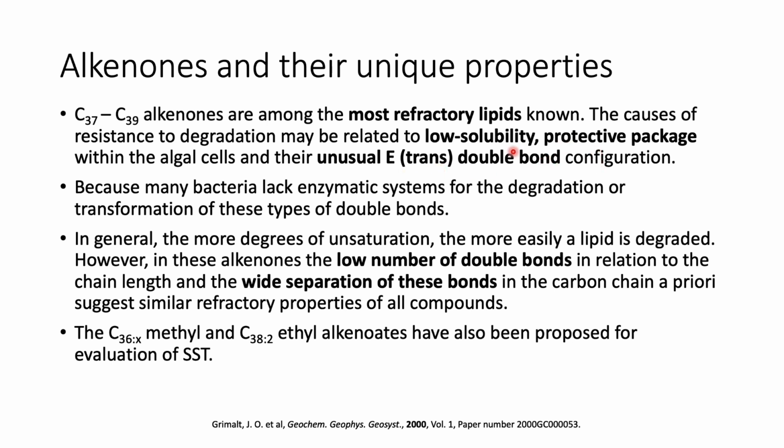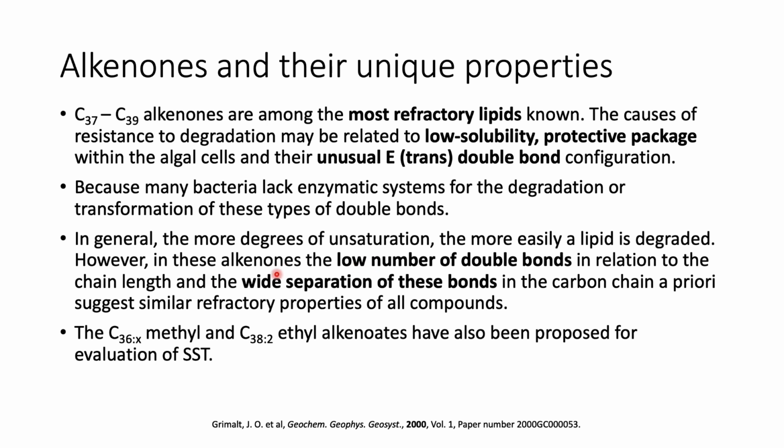So these may be the reason they are not degraded by other systems. In fact, many bacteria lack enzymatic systems for the degradation or transformation of these kinds of double bonds, so they survive for a longer time. In general, the more degree of unsaturation, the more easily a lipid is degraded. This is the normal thing.